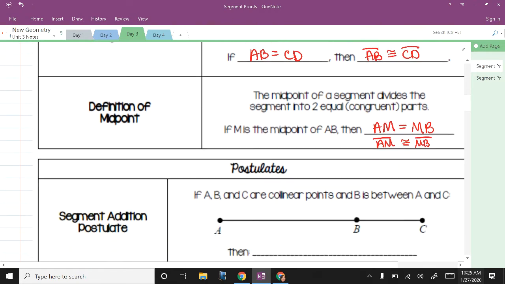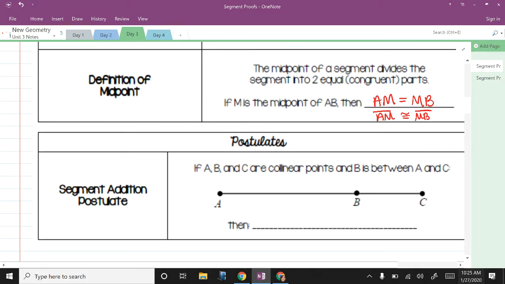All right, the bottom of that page is segment addition postulate. What was the quick way we remembered segment addition postulate in Unit 1? What did I tell you to remember? So, little plus little equals big, right? So AB is one little segment. It's not really a little one because it's bigger than BC, but it's not the whole thing, right?